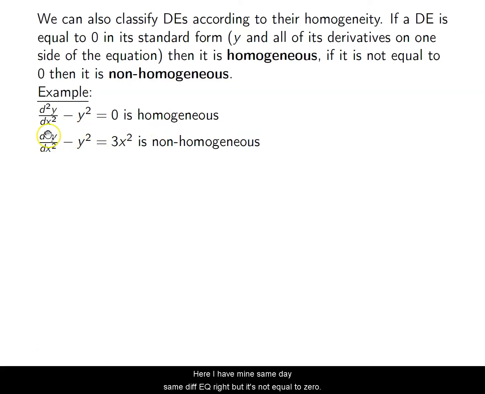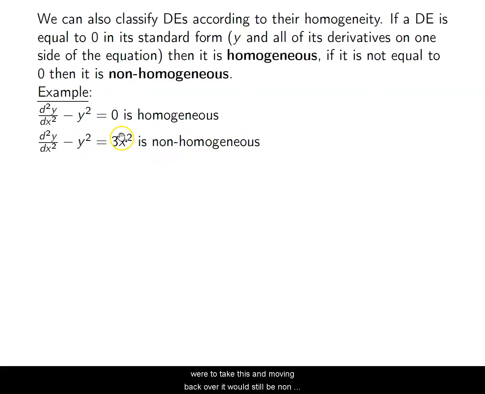Okay. Here I have my same diffeq, right? But it's not equal to 0. All of my functions of y and all of its derivatives are on one side, and on the other side it doesn't matter what's left over. In this case, it's a non-zero term, so it's non-homogeneous.